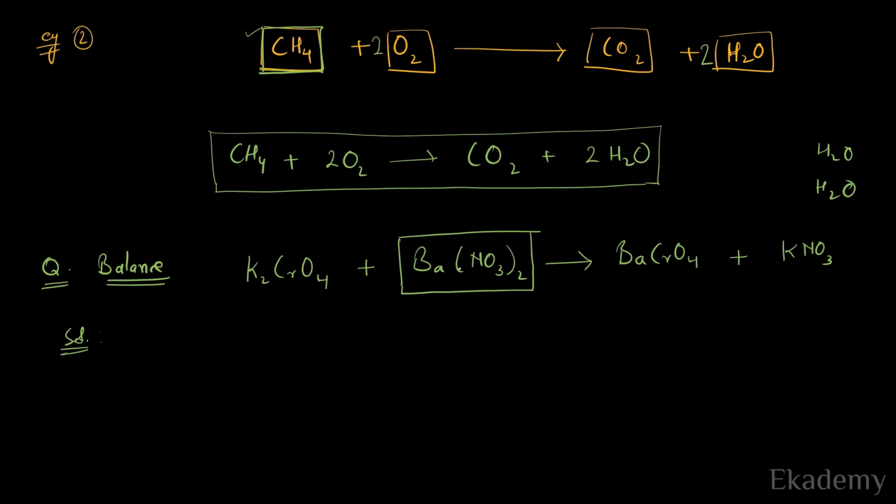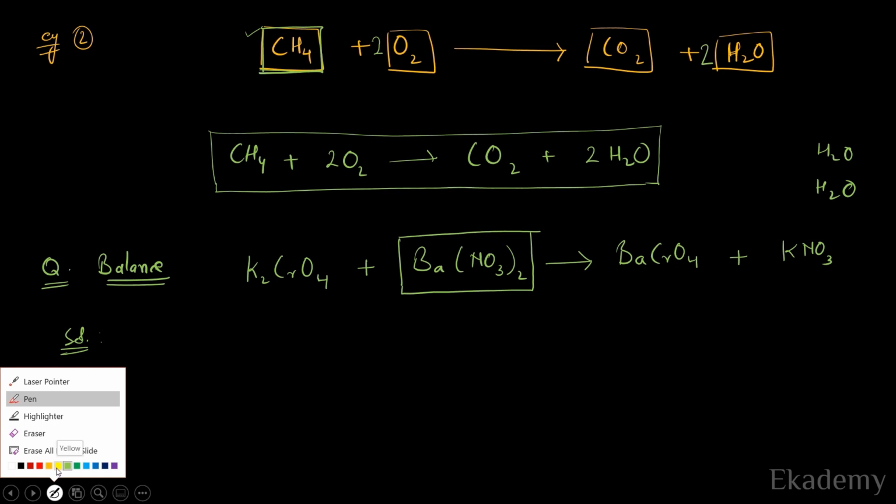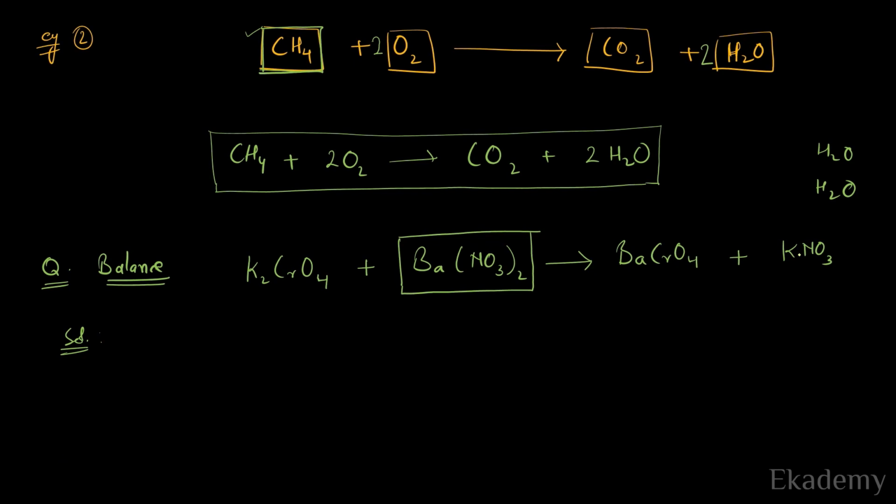So barium is balanced. What about nitrogen atom? Two atoms of nitrogen. Towards product side, we have one atom of nitrogen. So this is not balanced. And how can we balance it? So first let me put those boxes.